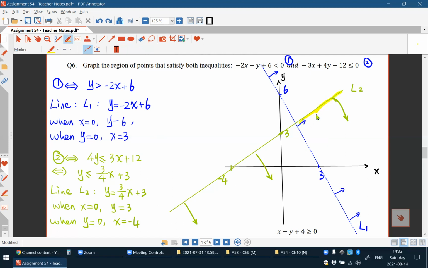This is a boundary line, there is another boundary line, and this should be the area we are looking for, right?